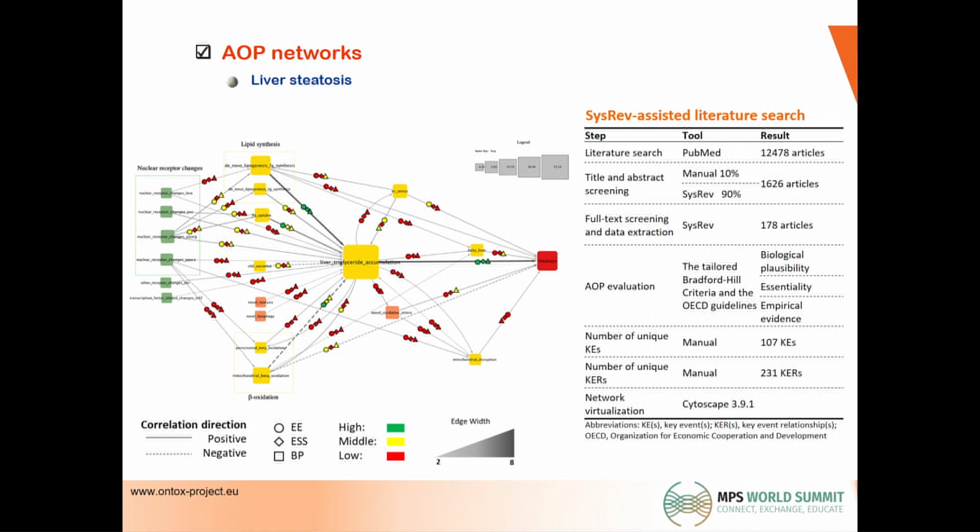And that was not different for steatosis and cholestasis. When we started off, there were already some AOPs, even AOP networks available for cholestasis and steatosis, but what we actually did in Ontox is we applied an artificial intelligence technique to this, more specifically machine learning. And why is that?